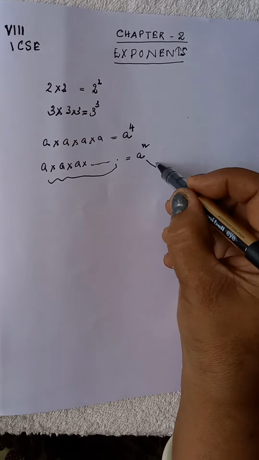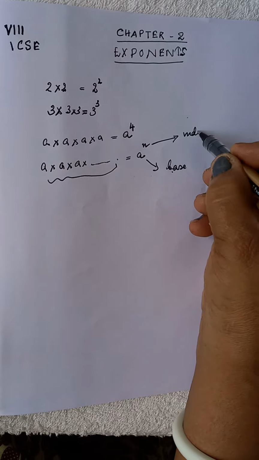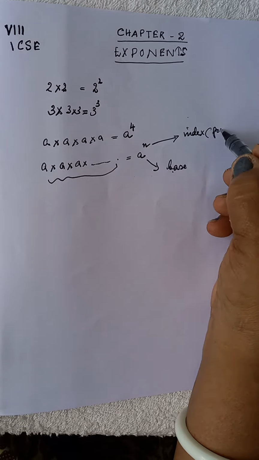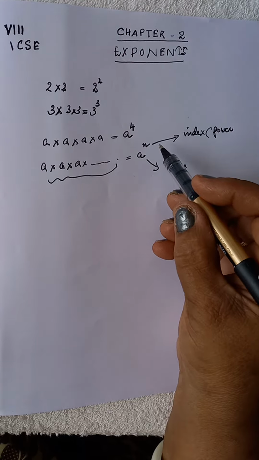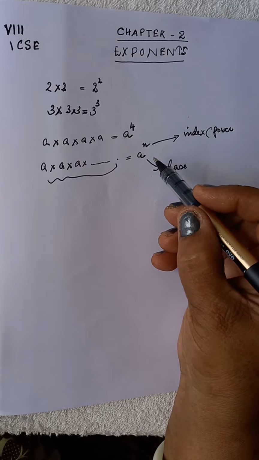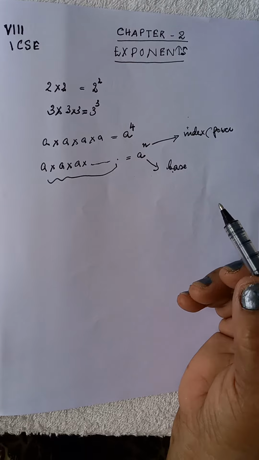Here this A is called the base and n is called the index or power. Then this A raised to n is A raised to the power n, like that we say.